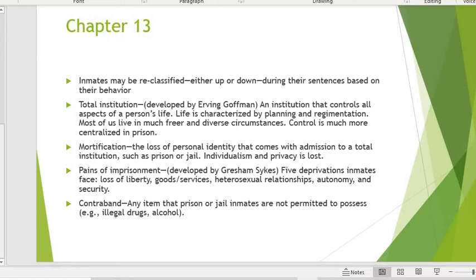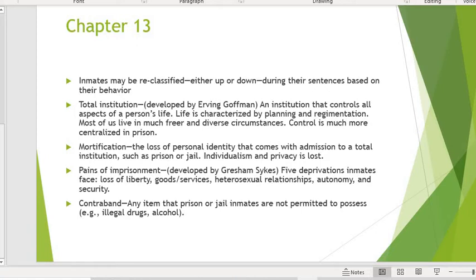Even though prisons are supposed to be secure, there's quite a bit of violence sometimes. You can be attacked, you can be sexually assaulted, you can be sexually controlled and victimized by a more dominant inmate. We mentioned these pains of imprisonment in an earlier discussion about punishment, if I recall. So we'll leave that there for now, but you get the idea that it's not just that your freedom is taken away. There are other things taken away as well.